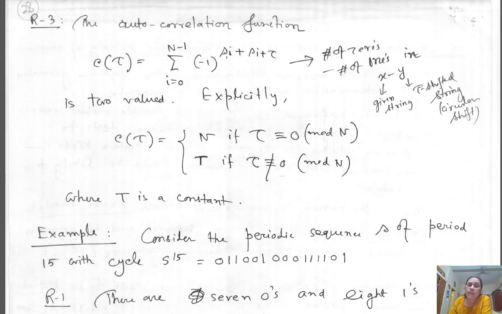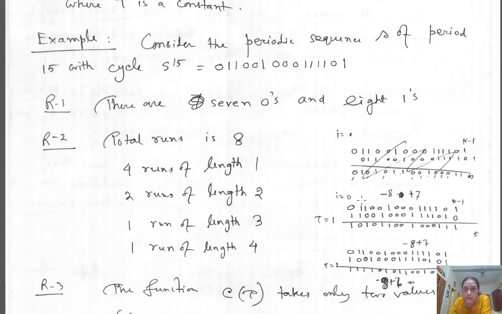So we take the position Si and its tau shift. This is your S15, and suppose tau equal to 1. That means we shift it that side. Tau equal to 1, one position shift.